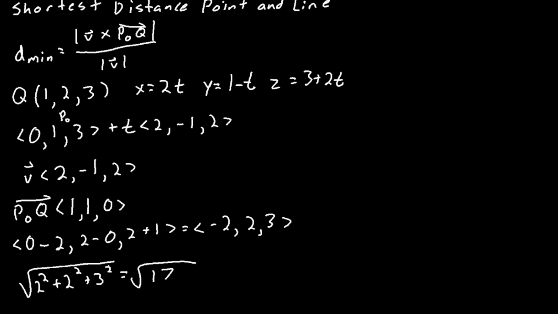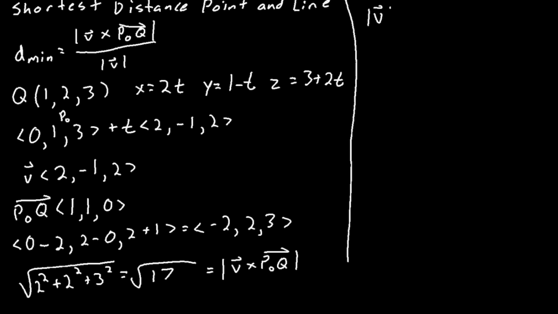And then once we have that, we have the magnitude of vector V cross PQ in this formula. Now we just have to solve for the magnitude of vector V. So the magnitude of vector V is equal to the square root of, and where's vector V? Over here.